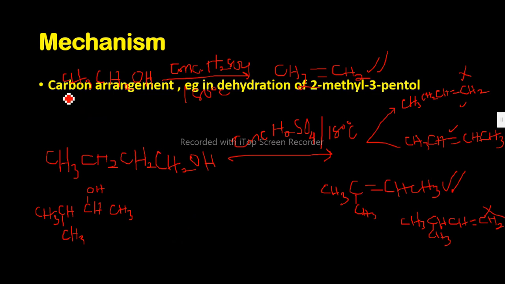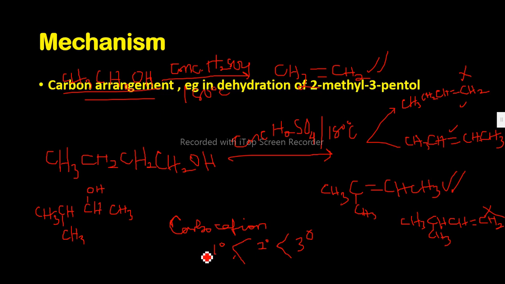It is the carbon arrangement in order to form the most stable carbocation. And we talked about carbocation in the previous lesson. We have the primary carbocation, the secondary carbocation, and the tertiary carbocation, whereby the tertiary is more stable than the secondary, and the secondary is more stable than the primary.